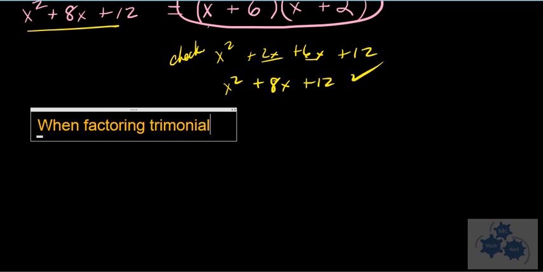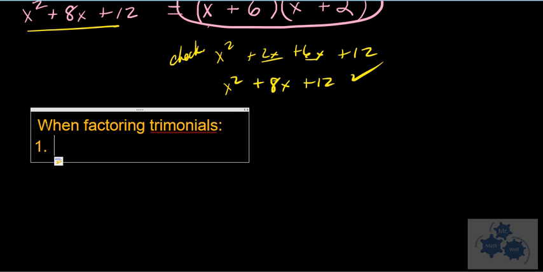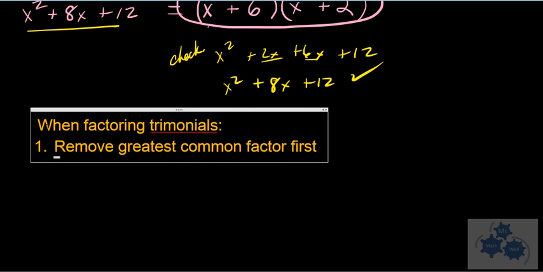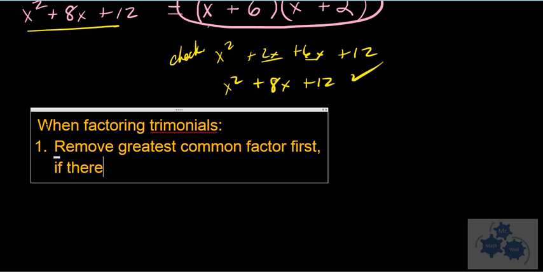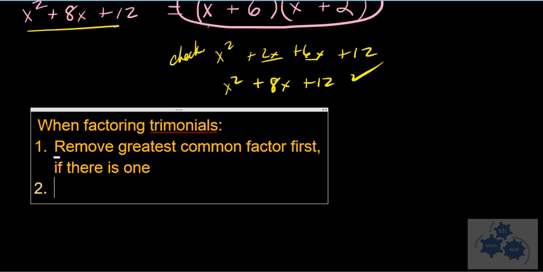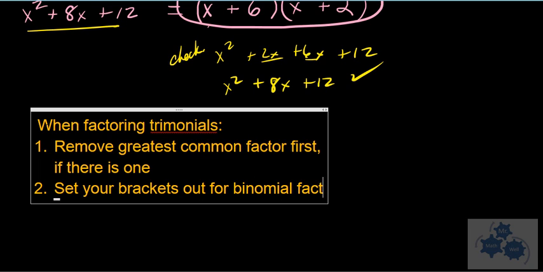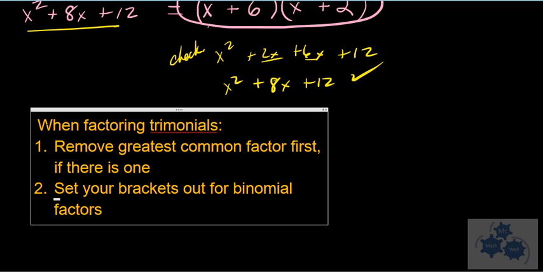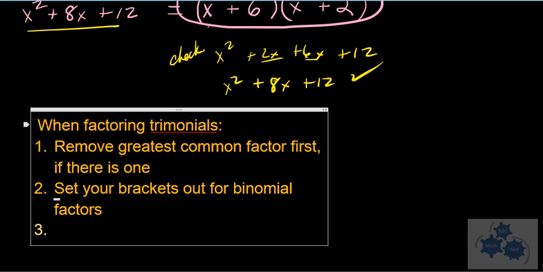When factoring trinomials: 1, remove greatest common factor first, if there is one. 2, set your brackets out for the binomial factors, just like I did there. Remember I put the empty brackets out. Set the brackets out for your factors.